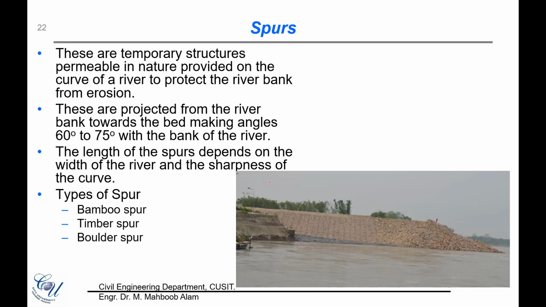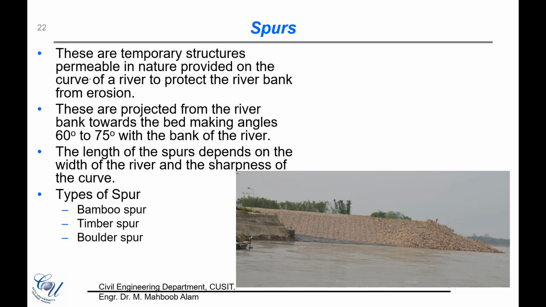Another important structure are the spurs. Spurs are also installed just upstream of the river diversion headworks. There are basically two kinds of spurs that are being considered. Either they are temporary structures or they are permanent structures. Temporary structures are only installed or erected in flooding seasons, and in flooding season they do their job, but otherwise they are either dismantled or not looked at in a particular way.